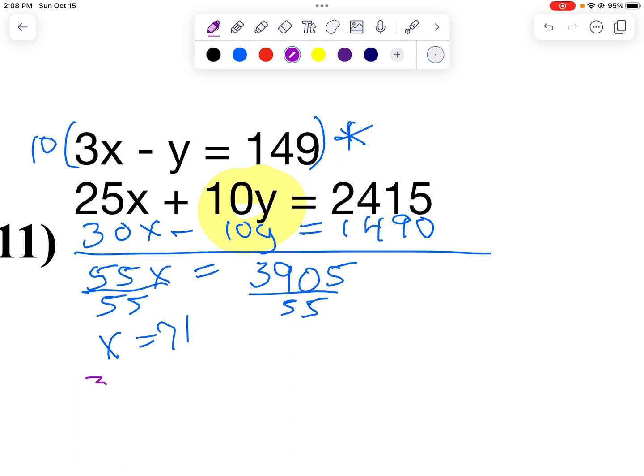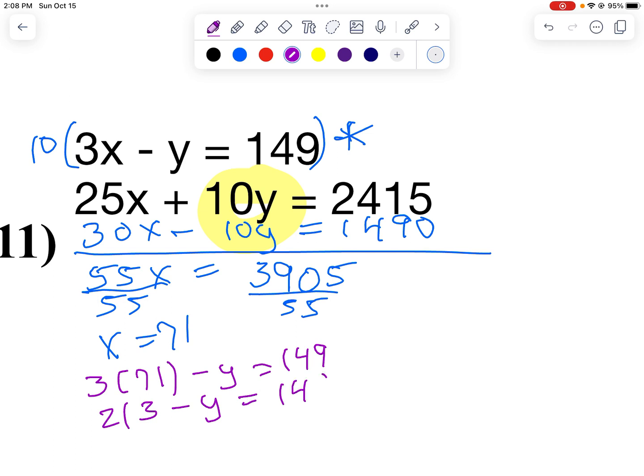So 3 times x, which is 71, minus y equals 149. Well, notice 3 times 71 is 213, so we get 213 minus y equals 149. So let's subtract 213 from both sides.